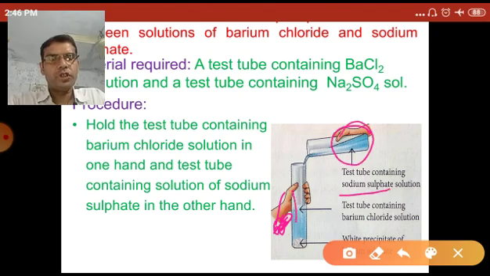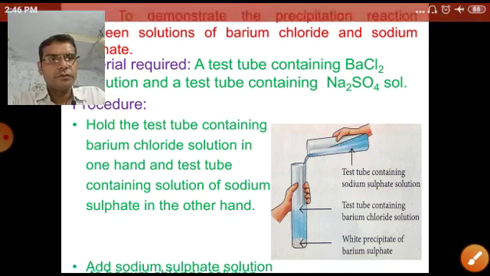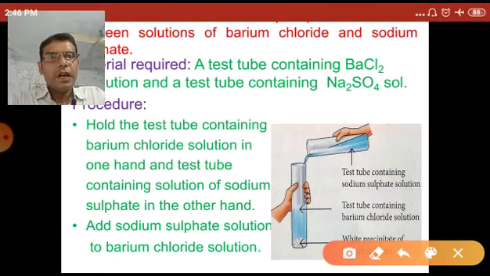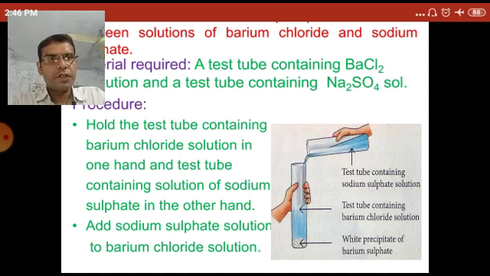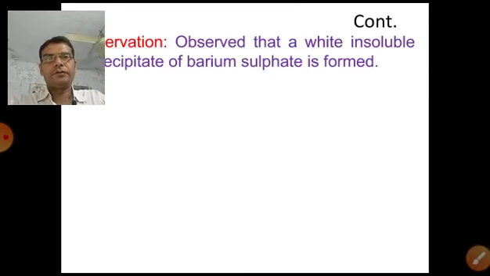So this tube contains the barium chloride and this tube contains the sodium sulfate. Now add the sodium sulfate solution to the barium chloride solution and shake the test tube after adding.